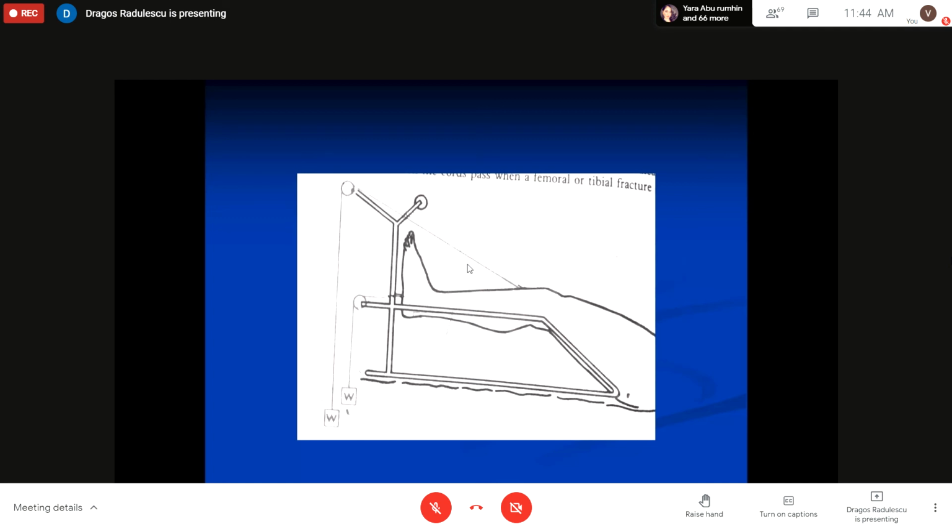The skeletal traction, which means, see what I'm trying to explain.